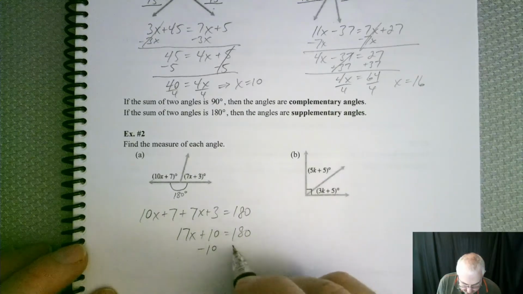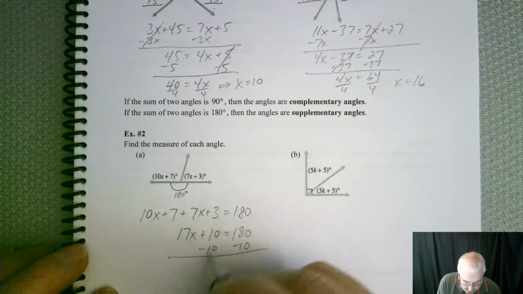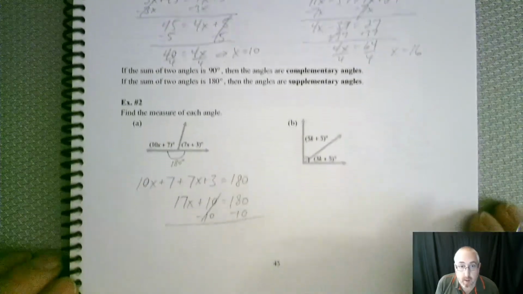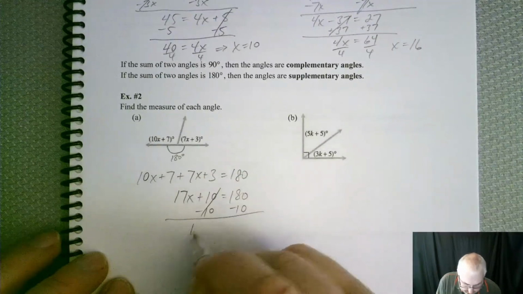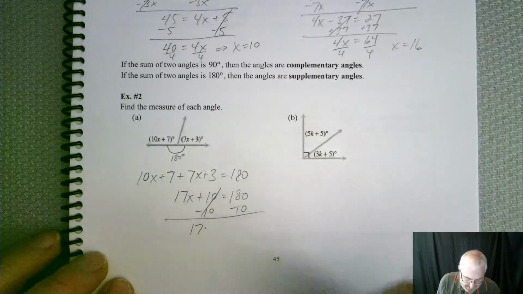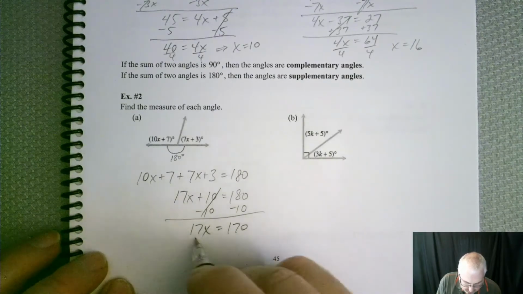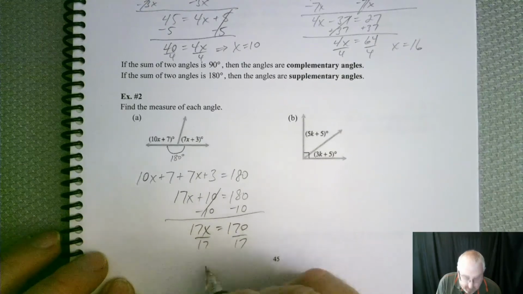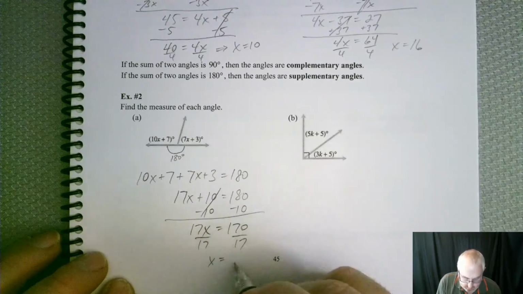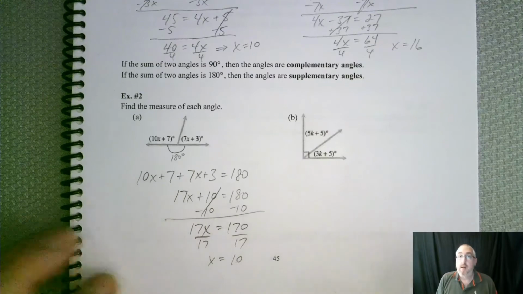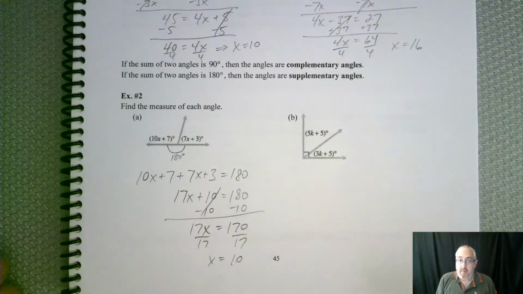Let's subtract the 10. And so we're going to get 17x equals 170. If we divide by 17, x equals 10. All right, so we got the value of x.